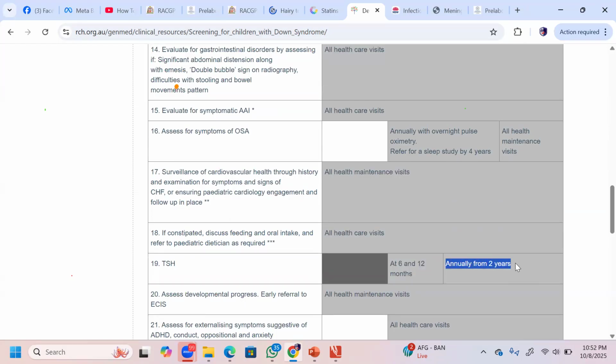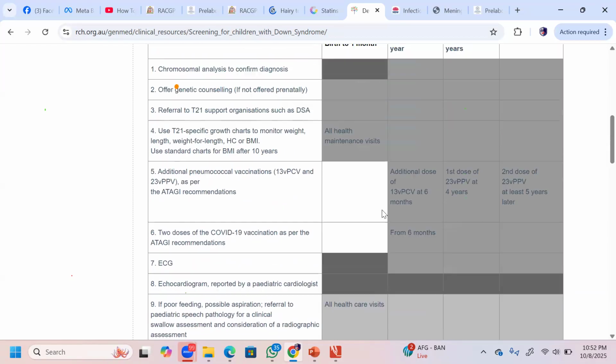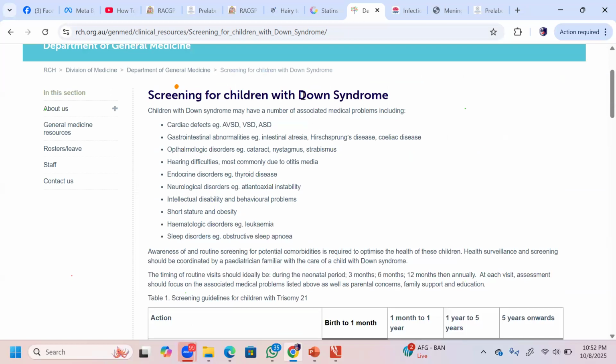TSH annually from 2 years onward, and at the first visit, birth to 1 month, you will do TSH, and later on at 6 months and 12 months, and after 1 year annually from 2 years. So this Down syndrome screening is important.